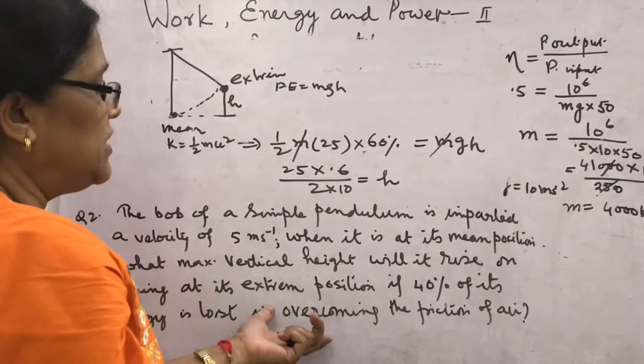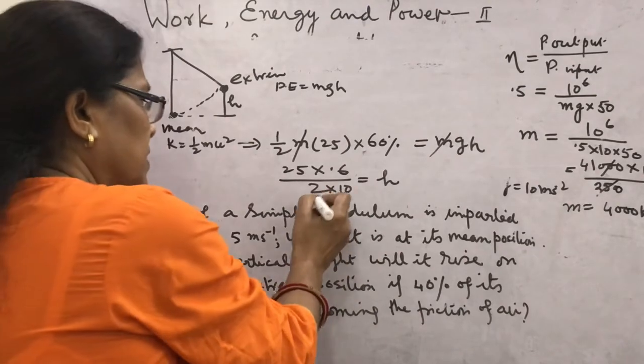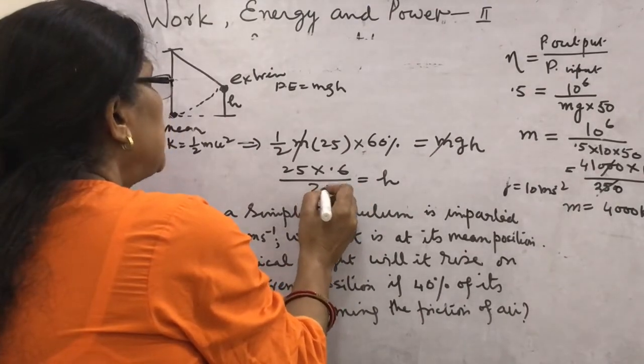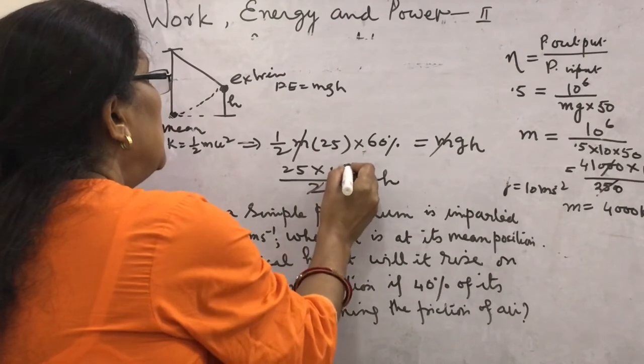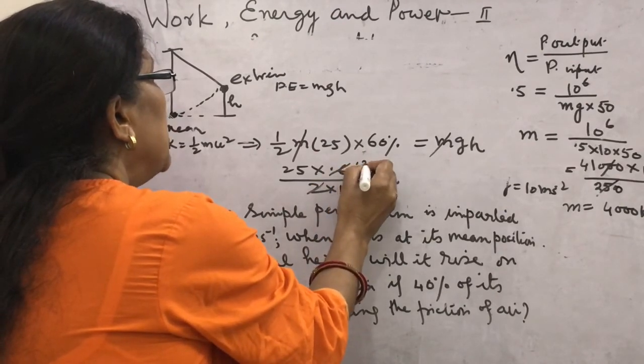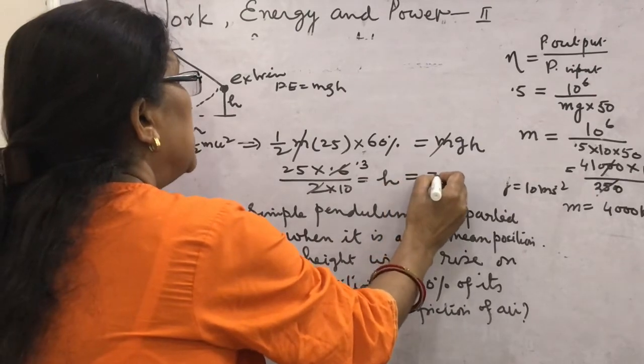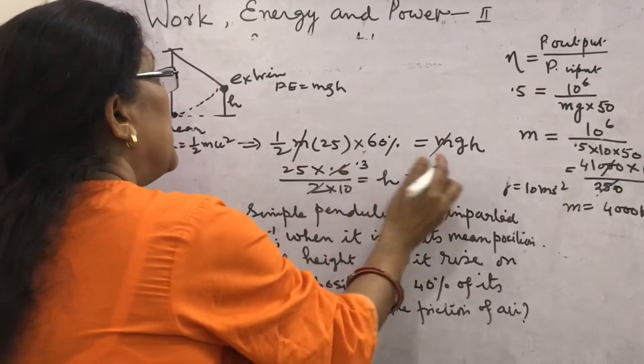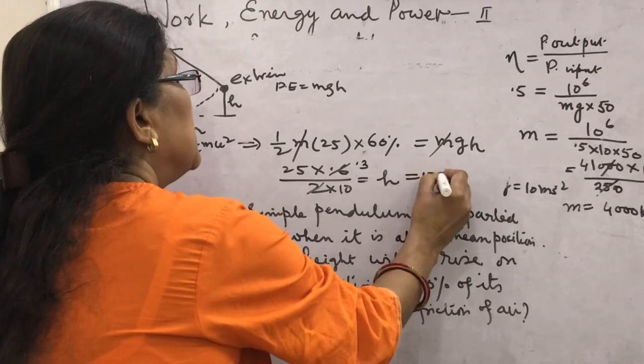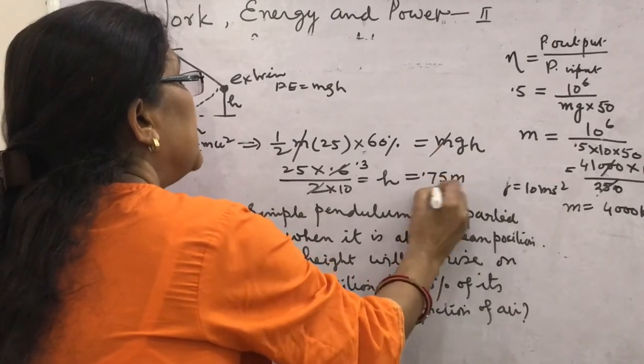And this is the required answer. You can solve here, this 2, this is 0.3, this is 2.5, then you will get h as 2.5 into 0.3, that is 0.75 meter.